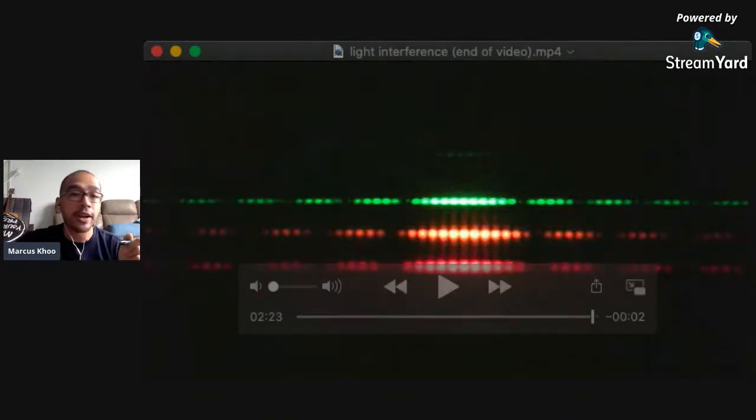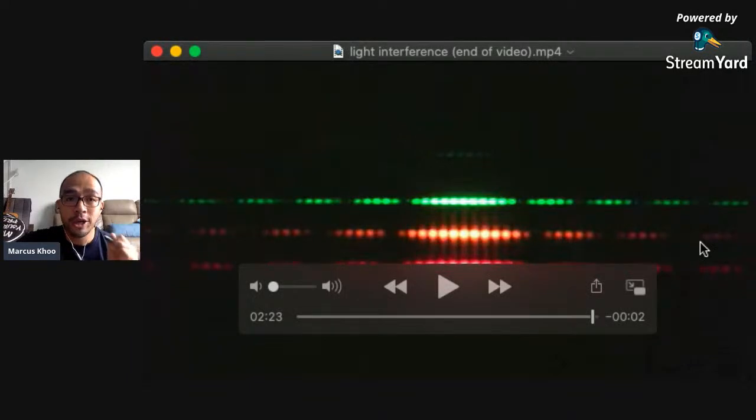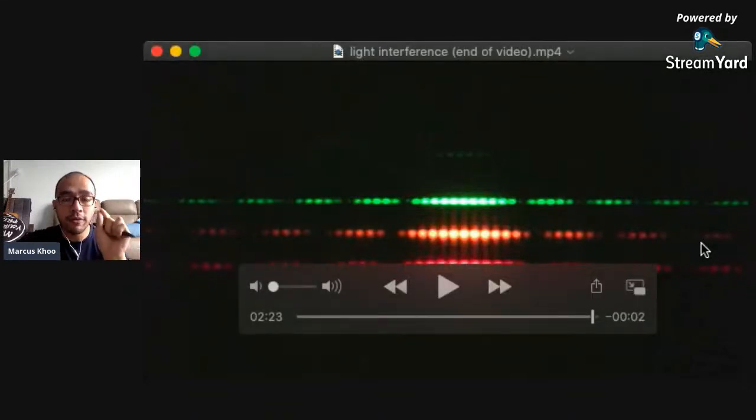And then dalam pada itu, there's also this diffraction pattern. So it's pretty amazing. Just from that single slit, from one slit, you can see two patterns. One is the interference pattern, and the other one is the diffraction pattern. Pretty amazing lah. And also very difficult to do.